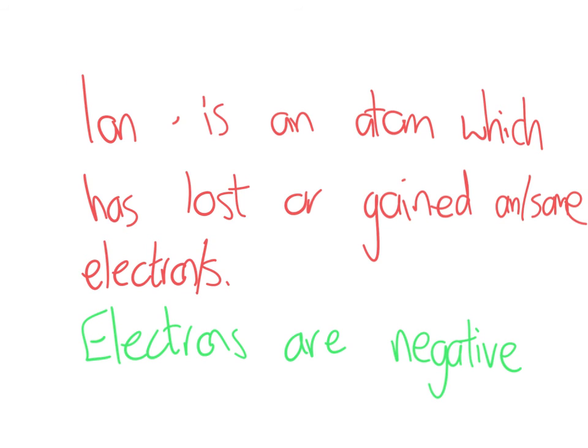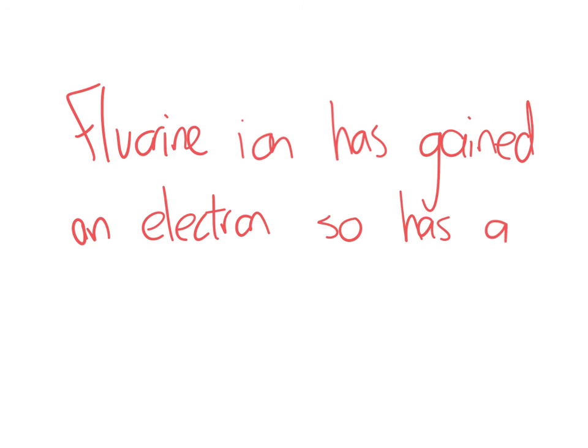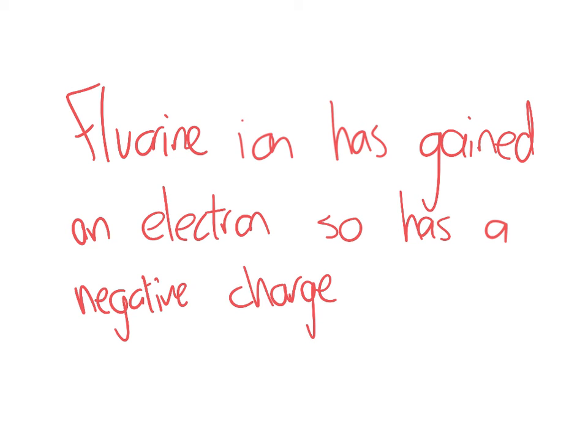So underneath that, still on the same page, my fluorine ion has gained an electron, so it has a negative charge, and because it was only 1 electron, it would just be -1. Opposite to that then, lithium.